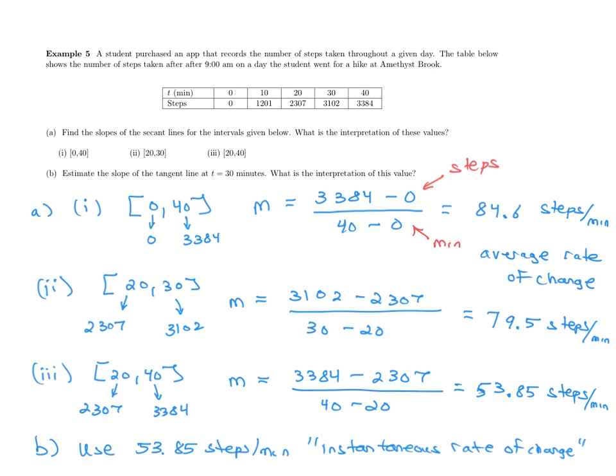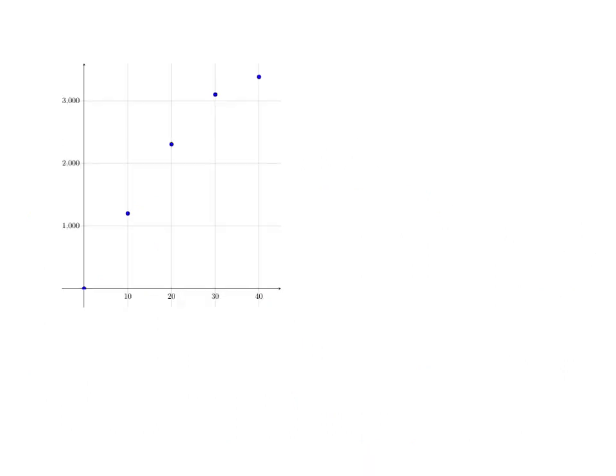To maybe just more carefully justify this last part and why I'm using this estimate, I'll look at a graph of this table. Okay, so what we have here is a graph of the table of points in the previous example. And the last part of the problem was saying, can you find the slope of the tangent line at this one spot?